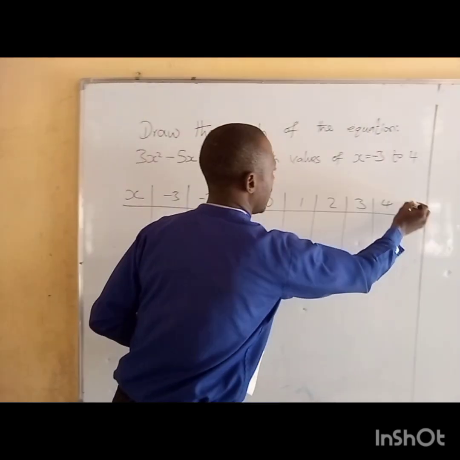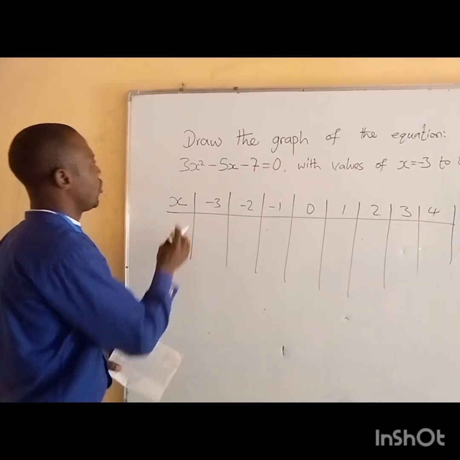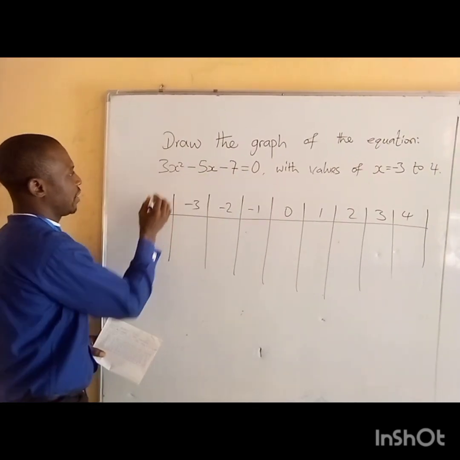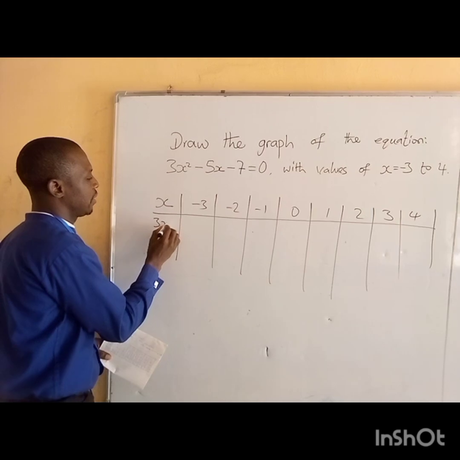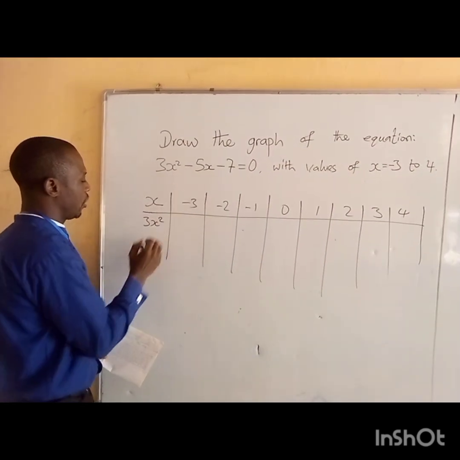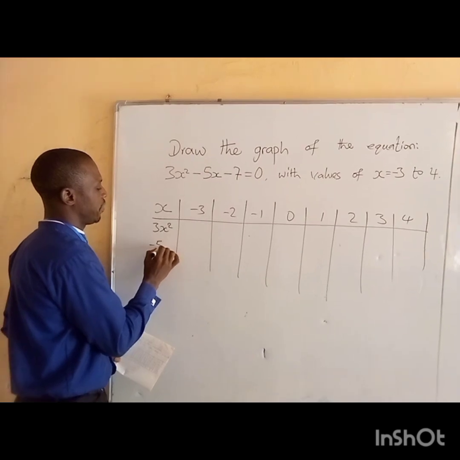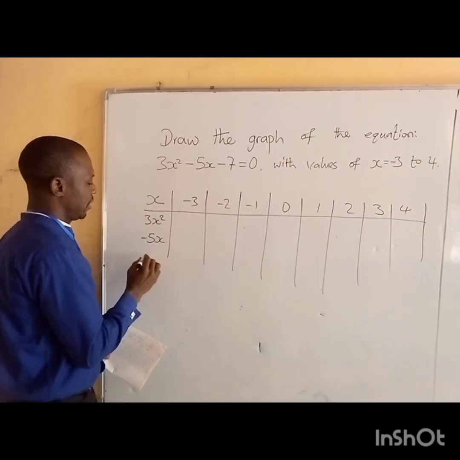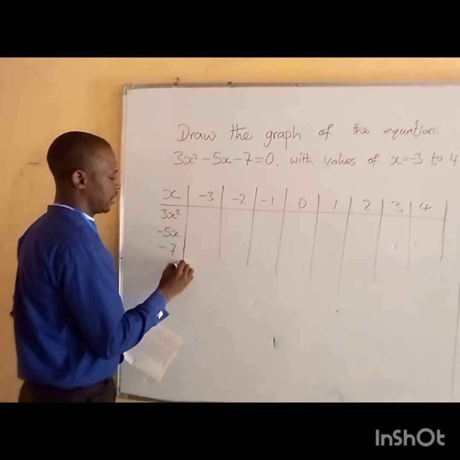After spreading the values of x, you now break down the quadratic equation. The first part is 3x squared, and the second part is minus 5x, and the constant minus 7.